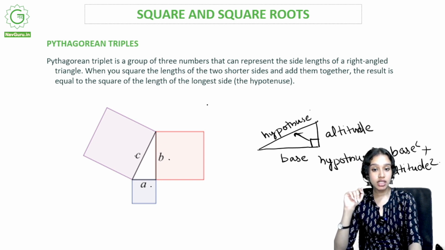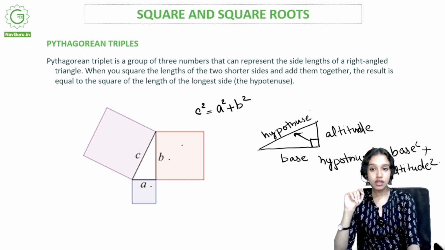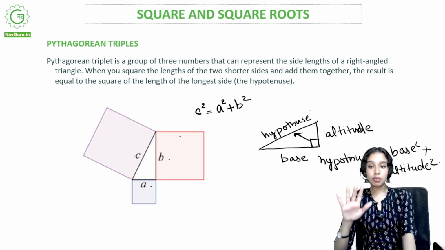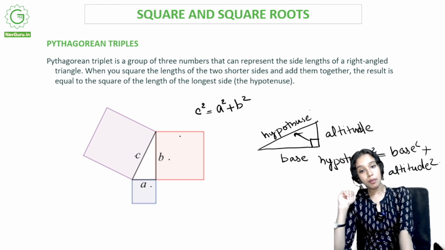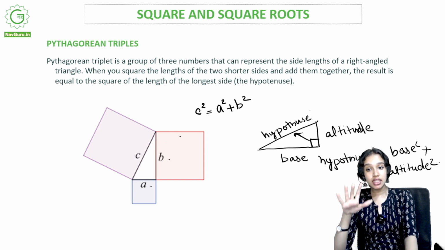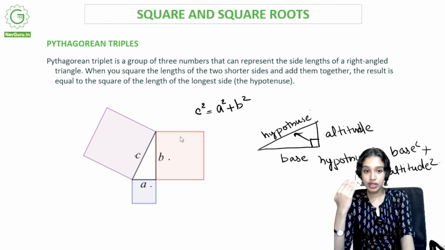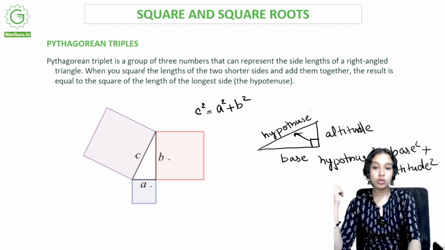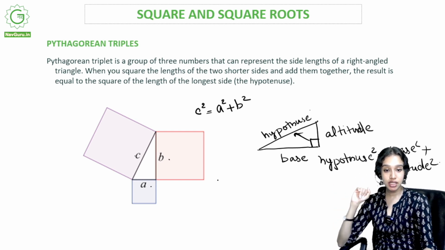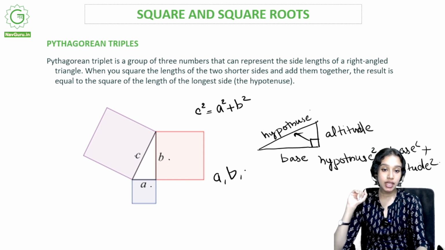So here we could say that C square equals A square plus B square. So what are Pythagorean triples? Pythagorean triples are a group of three numbers that can represent the side lengths of a right angle triangle. So basically Pythagorean triplets are A, B and C.